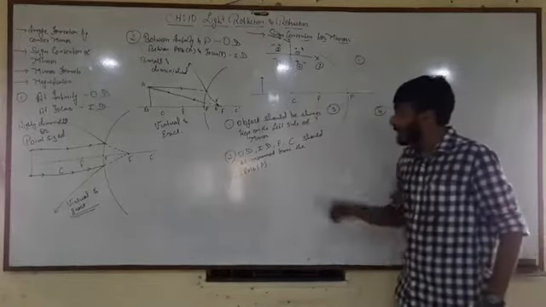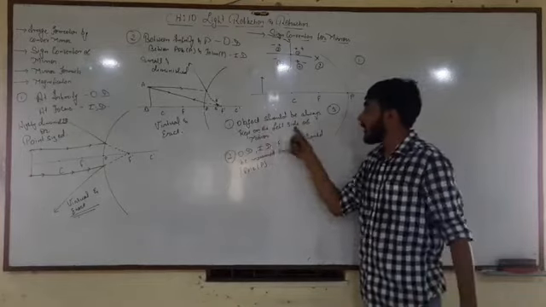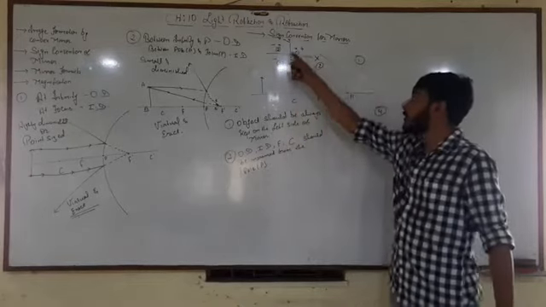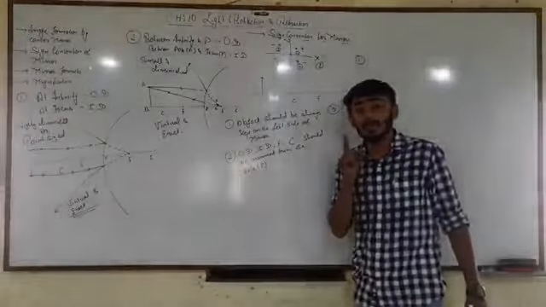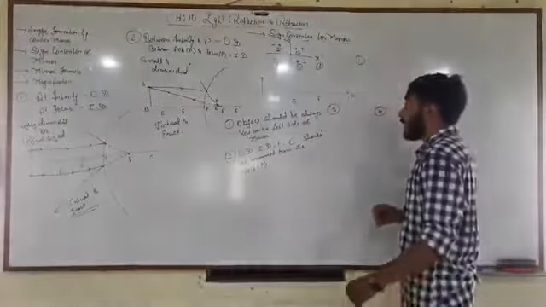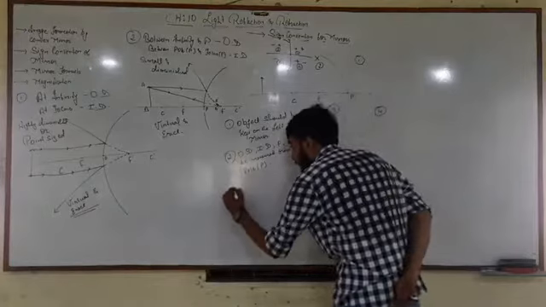So if we were telling that the object should always be kept on the left hand side of the mirror, what is the left hand side of the mirror? Second quadrant, then it should always be taken as positive. Fine. So what will we write?